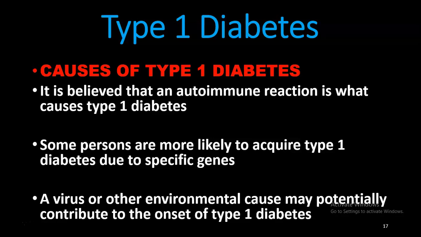Some persons are more likely to acquire type 1 diabetes due to specific genes, that is, traits passed down from parent to kid. Even if they carry the genes, many of them won't get type 1 diabetes. A virus or other environmental cause may potentially contribute to the onset of type 1 diabetes. Type 1 diabetes cannot be brought on by diet or lifestyle choices.